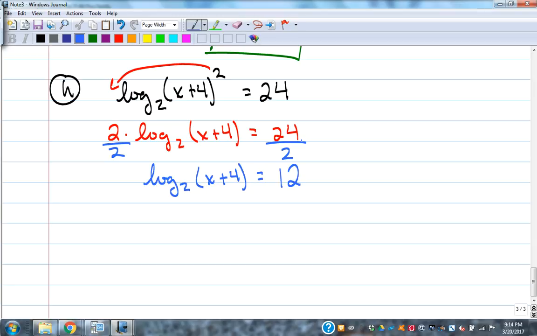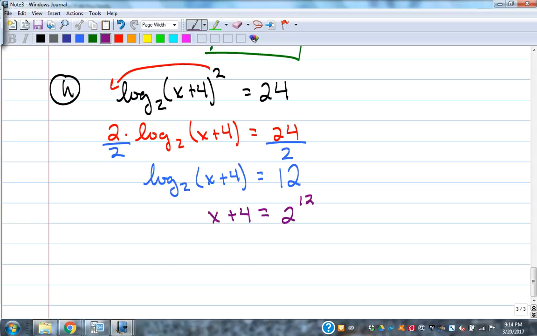Now, again, now we have a log on one side, a plain number on the other. We can rewrite that as a what? As an exponential statement. X plus 4 is equal to 2 to the 12th.